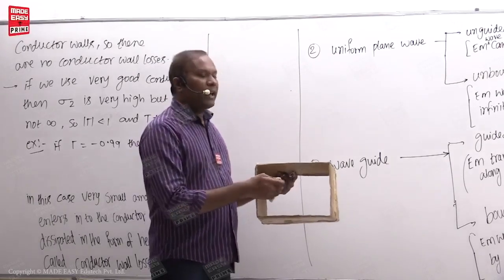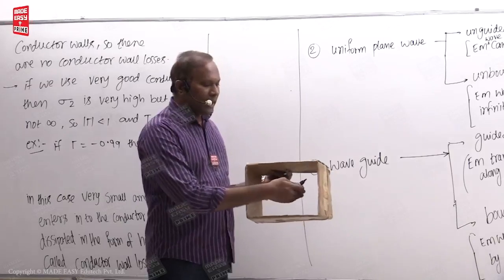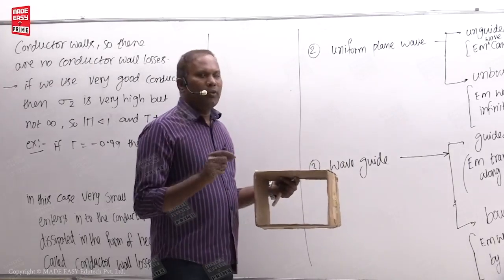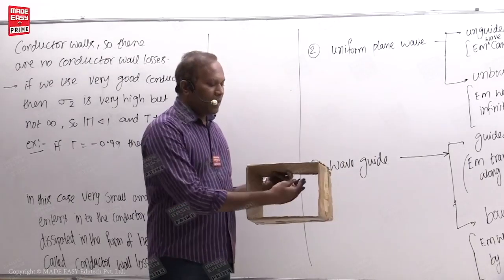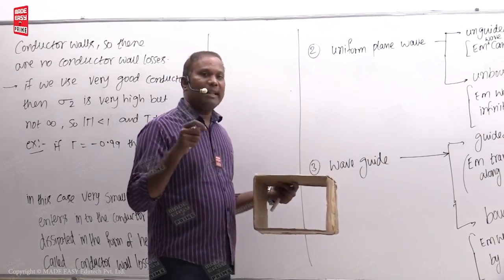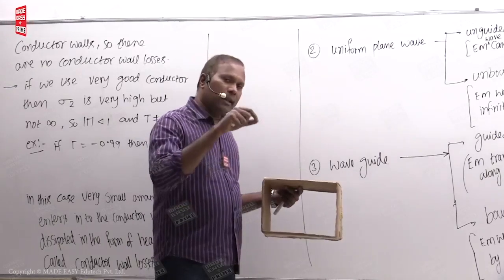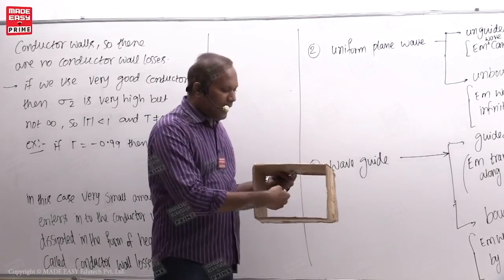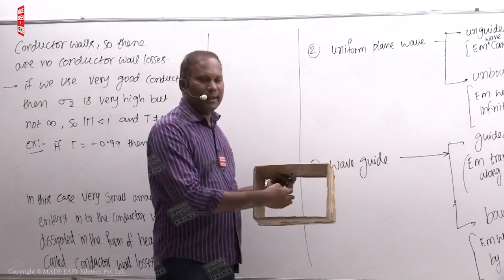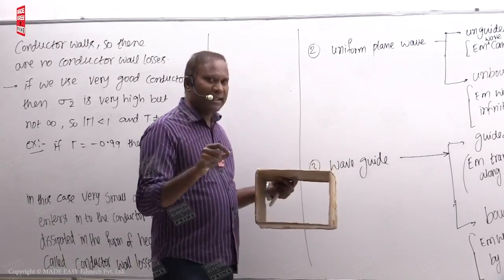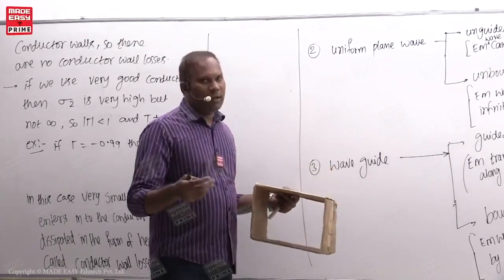But we can never get a perfect dielectric. We can select the best dielectric. Already I told you, for the best dielectric, sigma of the medium is 10 power minus 17. Then because of that, an alpha value is present. And if alpha is present, then dielectric medium losses are also present, but that alpha value is very small. So we can neglect that also.